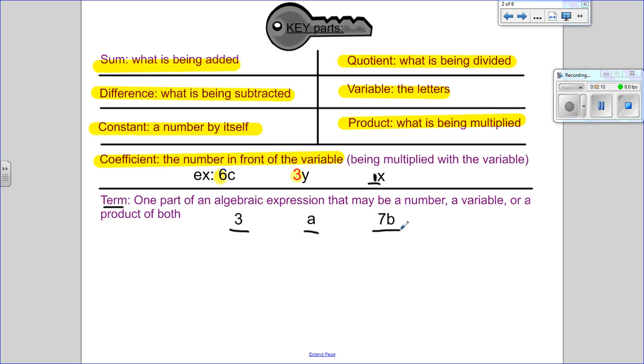Notice what is missing. The operations are not included. So operations such as adding, multiplying, subtraction, or addition are not terms. But any other part that involves a number, a variable, or a product of the two are terms.